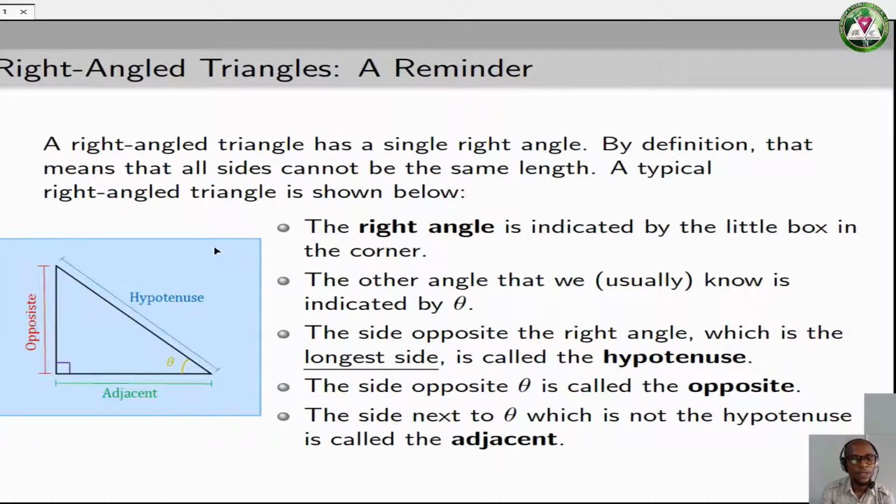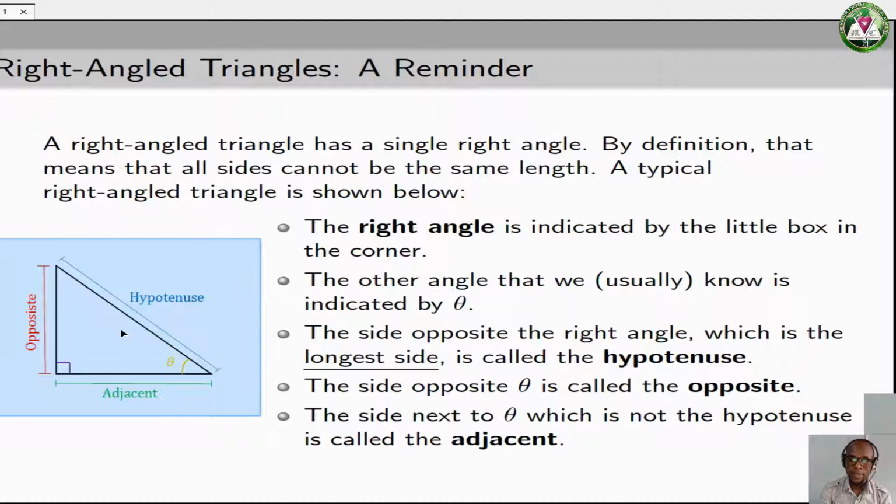Now, from this triangle, there are three sides there. You can see the right angle there, that little box there, which has a value of 90 degrees. Then the side opposite that angle is what we refer to as the hypotenuse, and it is also known as the longest side in a right angled triangle.